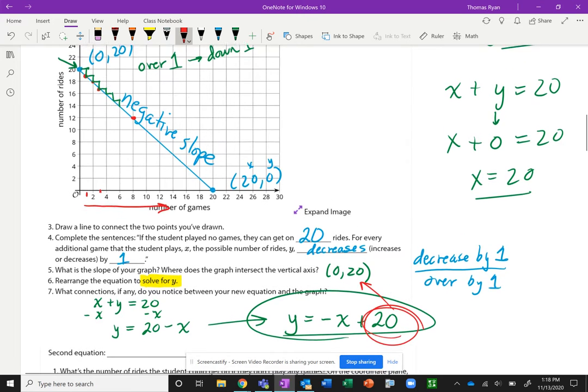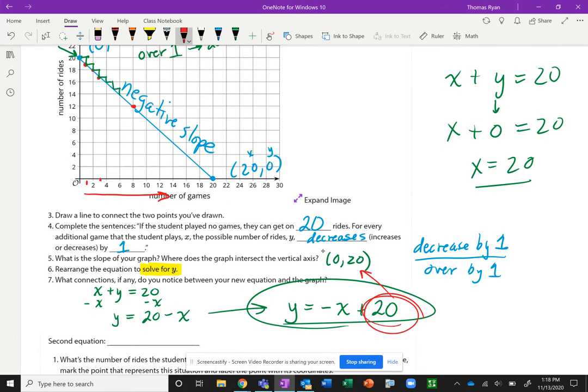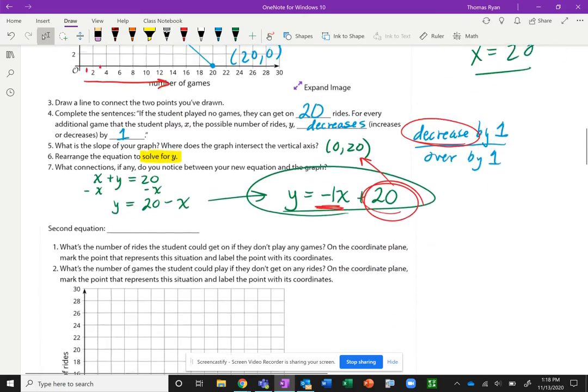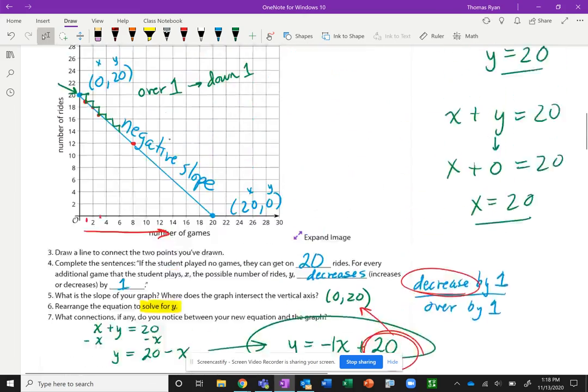It's kind of like our starting value. And this negative here comes up in our negative slope, and it's also this decreasing by 1. So this shows that we are decreasing by 1 every time we play another game and we increase our x value. Okay, so hopefully that brought up some reminders there.